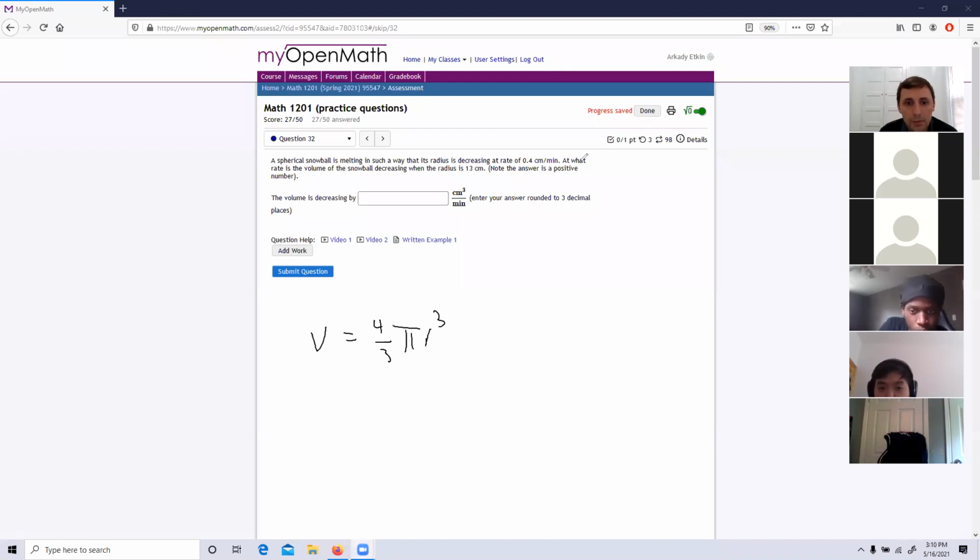All right, so I'm not even going to bother with this question, or should I? Maybe I'll bother. Fine. What's the difficulty, right? The radius is 13, and 0.4 is how fast something is changing. So what you have is dV/dt equals 4 pi r squared dr/dt. Now r is 13 centimeters.